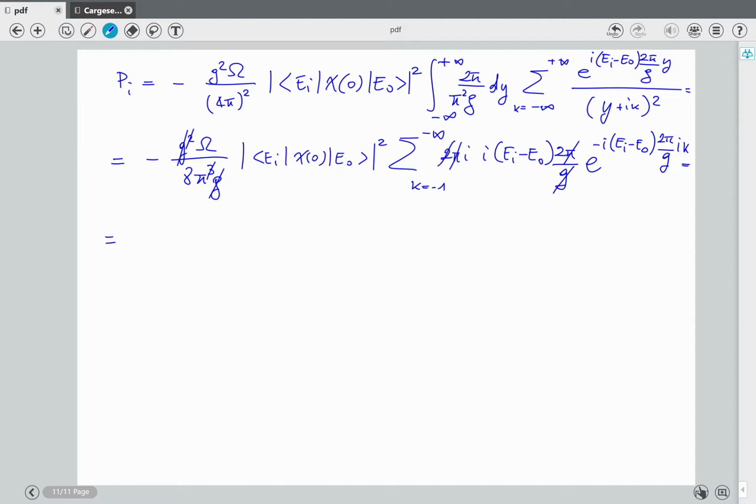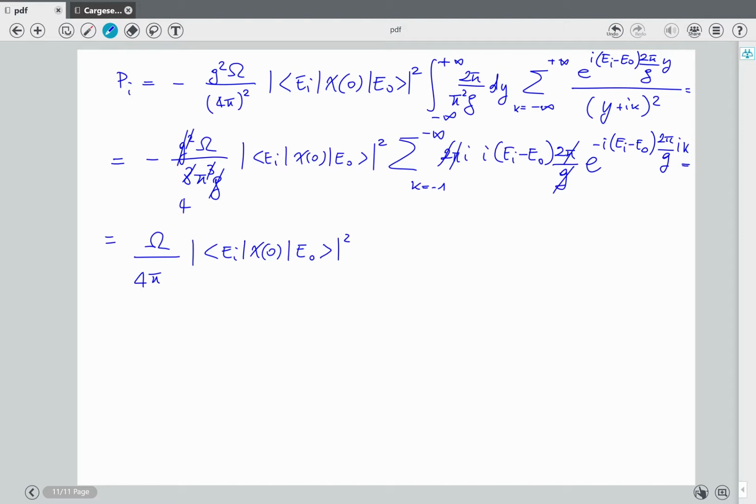Then there is a factor 2 that gives a 4. Then there are various factors; I cancel the minus sign, so we have 4 pi in the denominator, omega in the numerator, and then we have the modulus squared of ei chi0 e0.